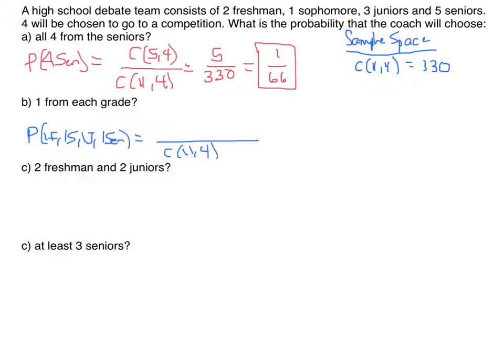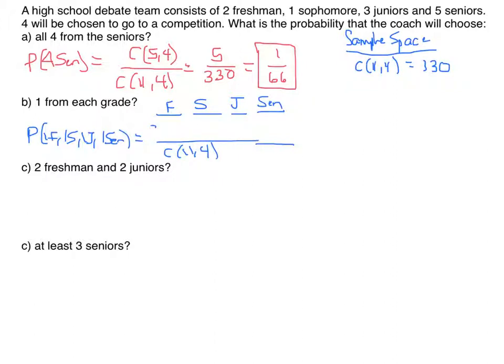That, as we said, isn't going to change. But for our numerator, for this particular example, we actually have to do 4 different tasks. We need to choose the freshman that we want, then the sophomore, then the junior, and then the senior. So each one of these becomes its own task, and we have to look at them separately.